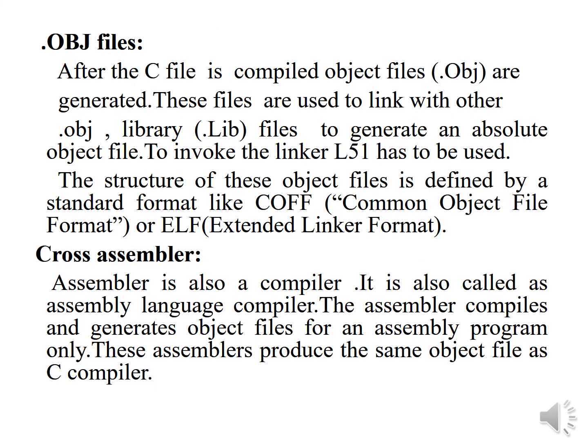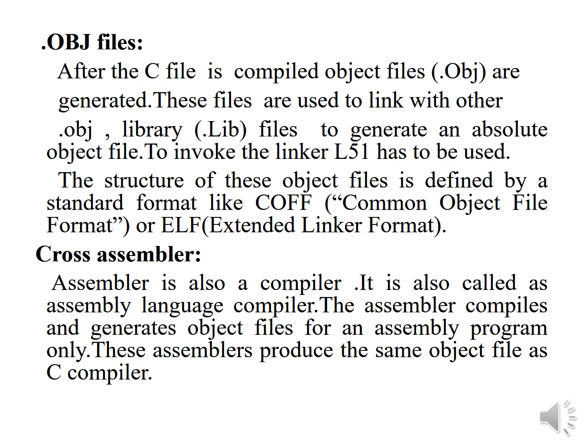And next, object files. After the C file is compiled, object files are generated. These files are used to link with other object library files to generate the absolute object file. To invoke the linker, L51 has to be used.